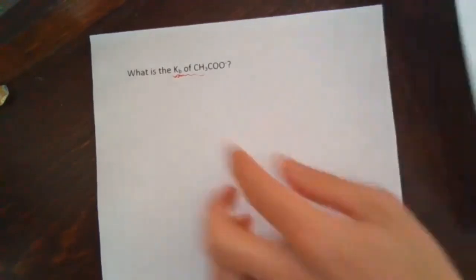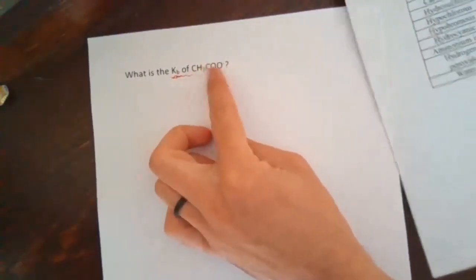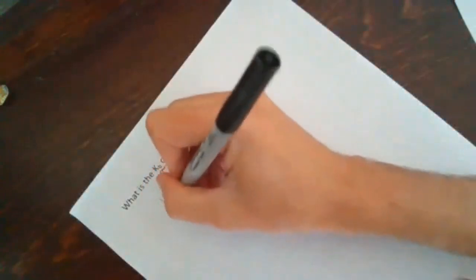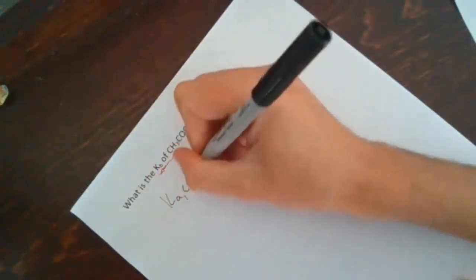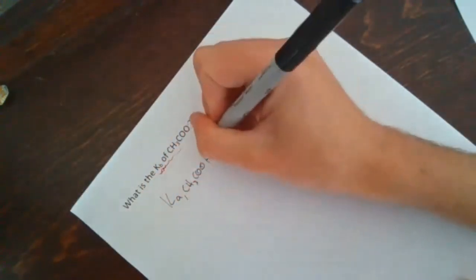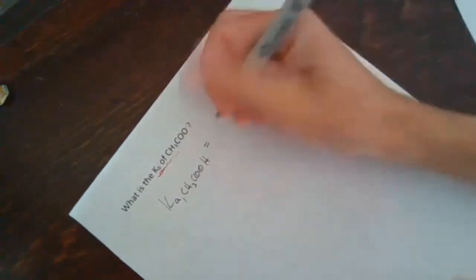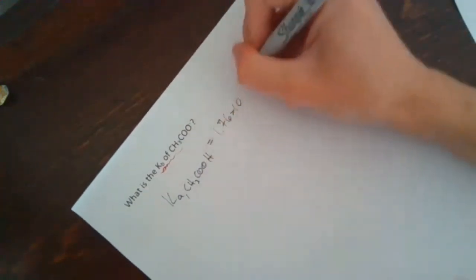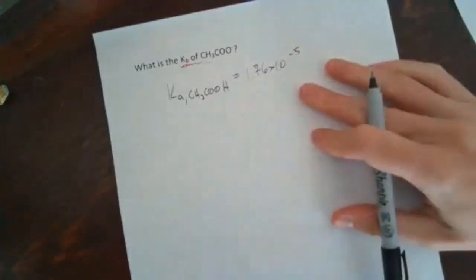And so what we can find is this is acetate, the conjugate base of acetic acid. And so we can look up the related value, the Ka of CH3COOH, where it has the H, hasn't lost it, is equal to 1.76 times 10 to the negative fifth.